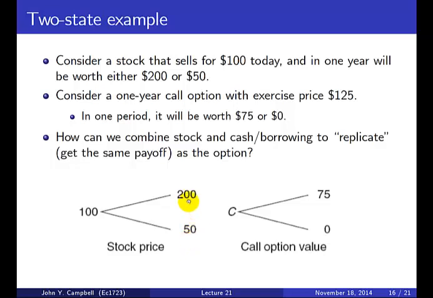We need to shift those payoffs down by $25 in order to make them the same as the call. How do we do that? Well, we borrow an amount of money today such that in a year we have to repay $25. Okay, so the repayment of the $25 will shift the payoff here to 0 and 75, and it'll be equivalent to the call.